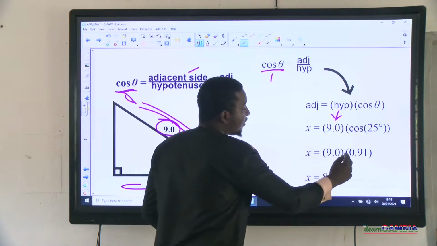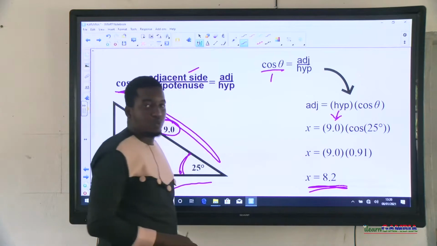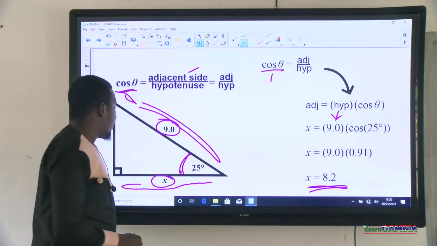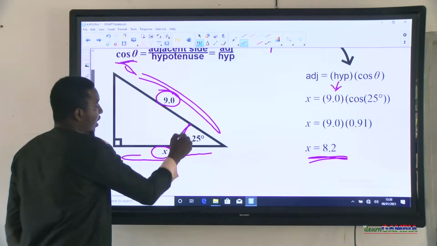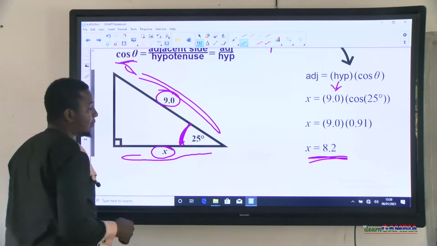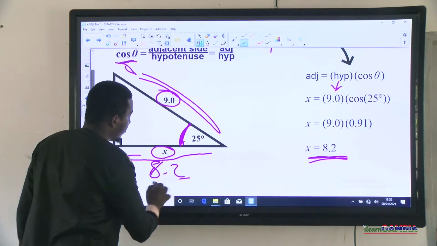Then 9.0 multiplied by 0.91 is going to give us 8.2. Therefore, we can conclude that the side adjacent to our reference angle, which measures 25 degrees, is equal to 8.2.